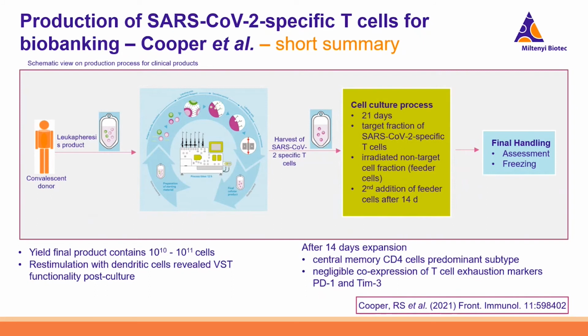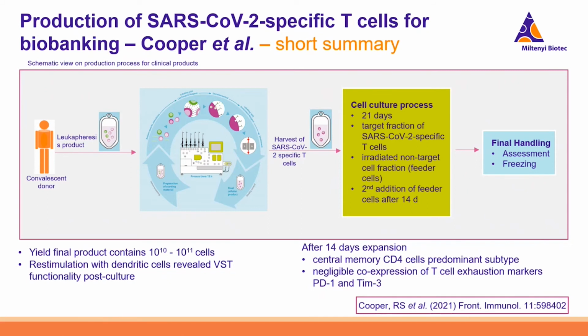Here we can get an idea of the production method developed by John Campbell and his collaborators in Edinburgh. To begin with, a leukapheresis product is obtained from a convalescent donor. The VSTs contained therein are stimulated and enriched with the CliniMACS Prodigy CCS interferon gamma system and appropriate SARS-CoV-2 specific peptides.